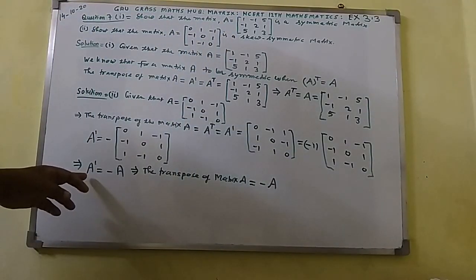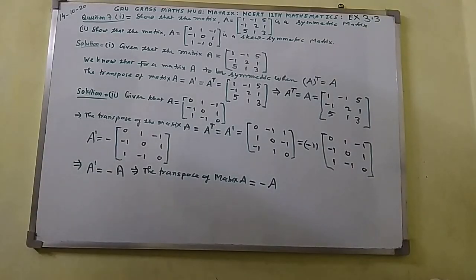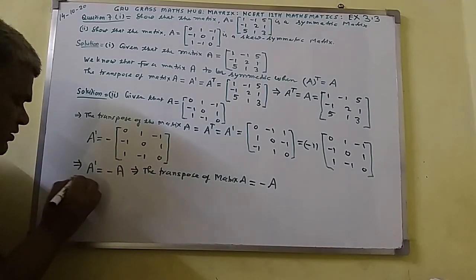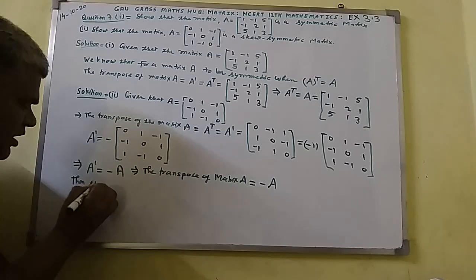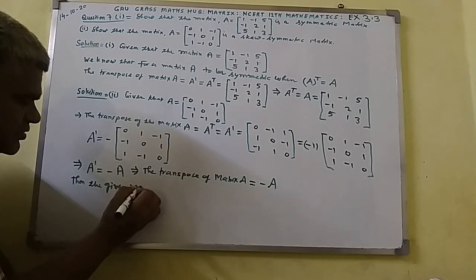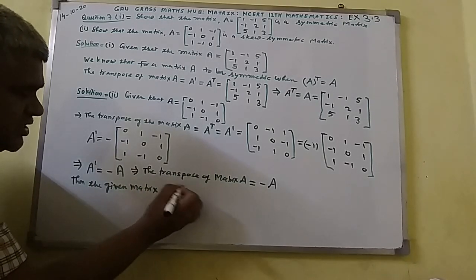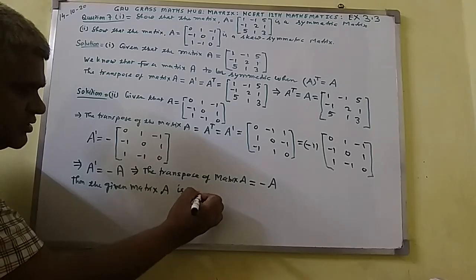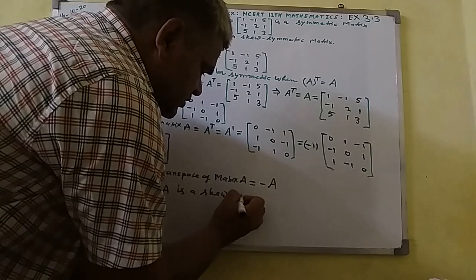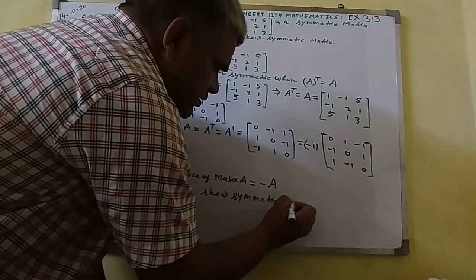When this is the condition, the transpose of the matrix A equal to minus A, then the given matrix A is a skew symmetric matrix.